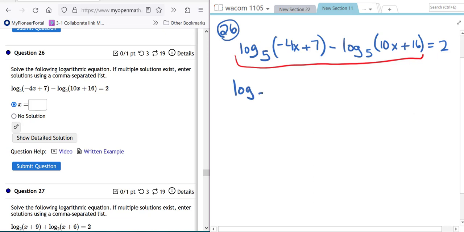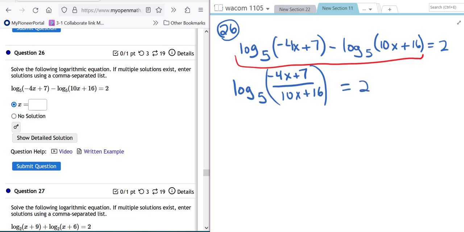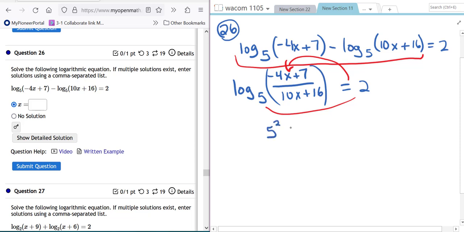So 1 log base 5 of negative 4x plus 7 over 10x plus 16 equals 2. Now you can change your form. So 5 squared equals this piece you were taking the log of. So 5 squared equals negative 4x plus 7 over 10x plus 16.